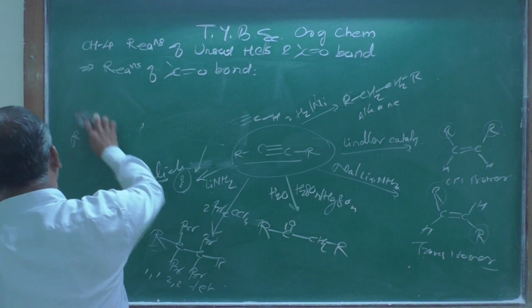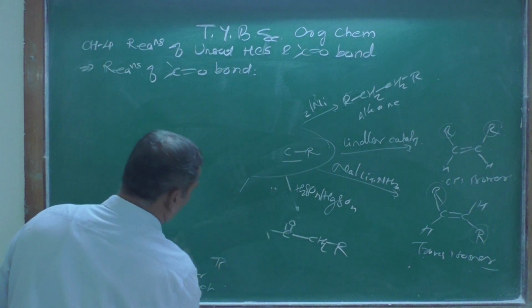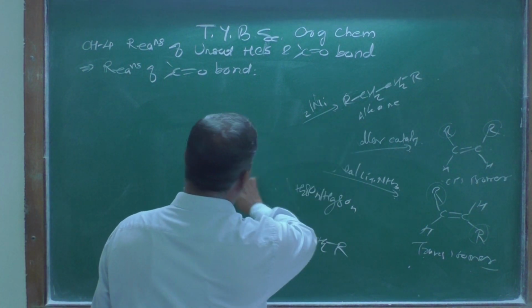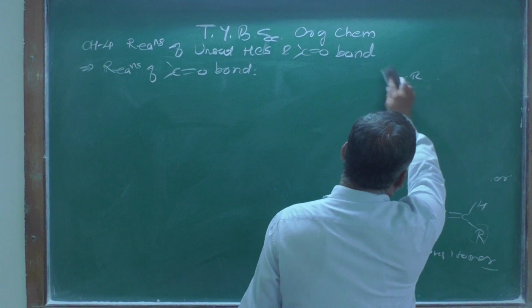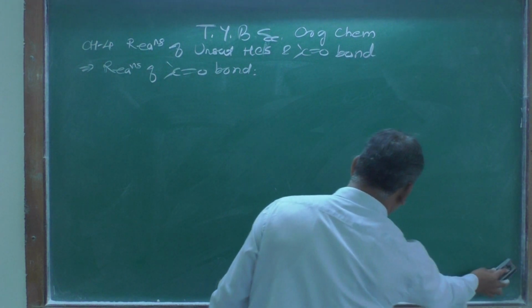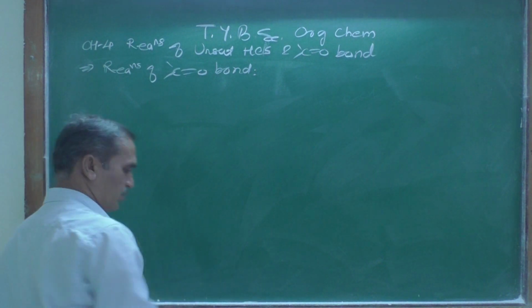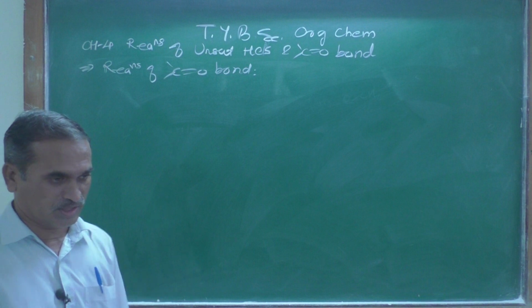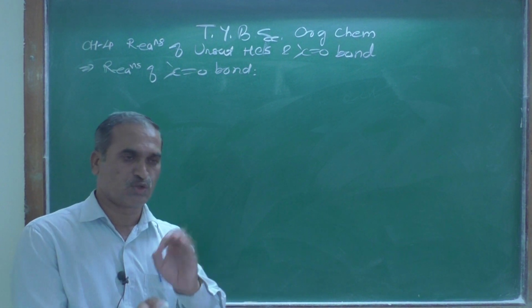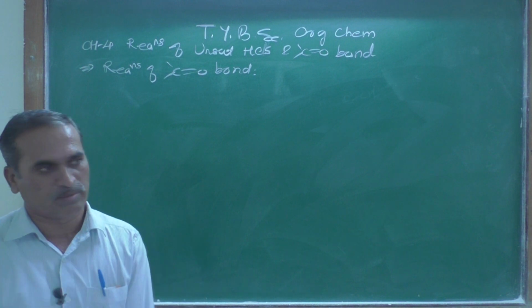Now moving toward the next point. The next point we are going to discuss today is the reaction of the carbon-oxygen double bond. We have learned so far the reactions of carbon-carbon double bond and carbon-carbon triple bond.